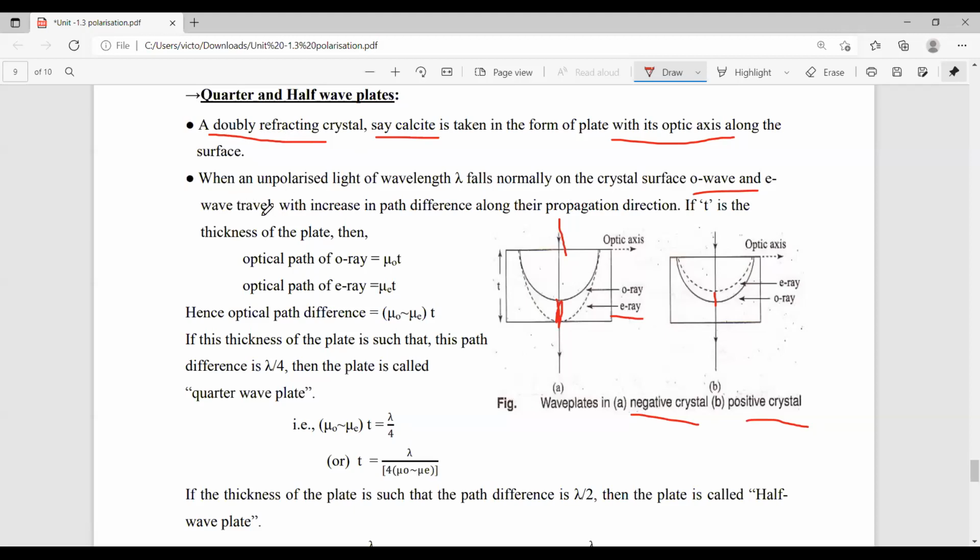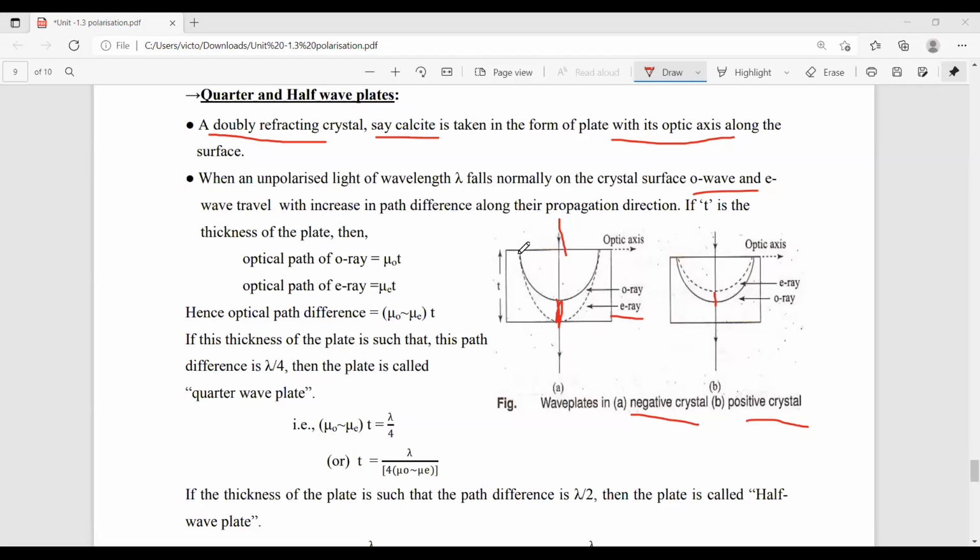But as the velocity of E ray is more, it travels faster than O ray. So it is called a negative crystal. So in a negative crystal, what is the path traveled by the O ray? How much distance in this plate did the light travel?